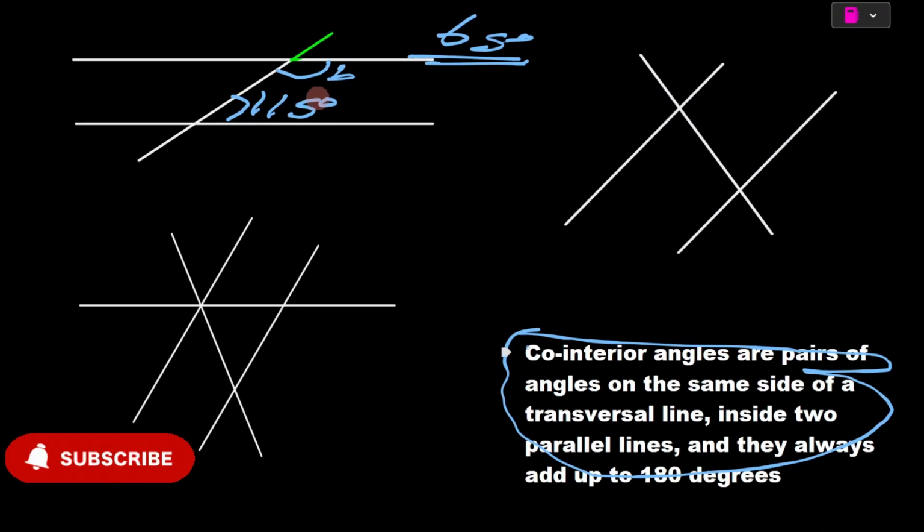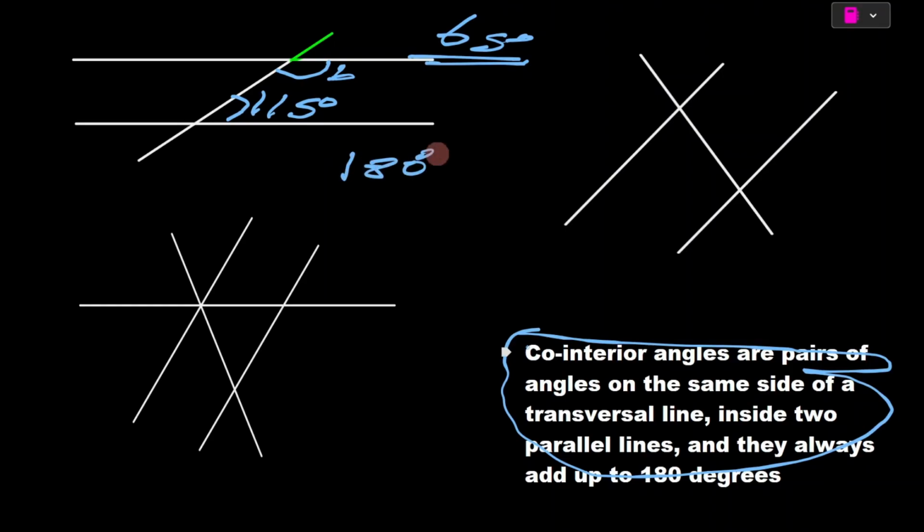So if you have an idea of what co-interior angles are, you'll know that 180 degrees subtract 115 degrees gives you 65 degrees. That's why our answer here is 65 degrees.